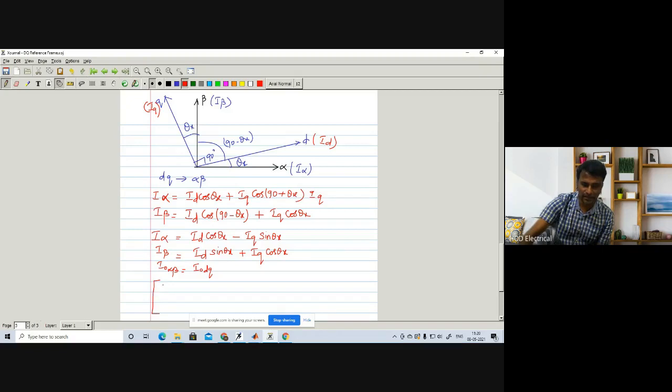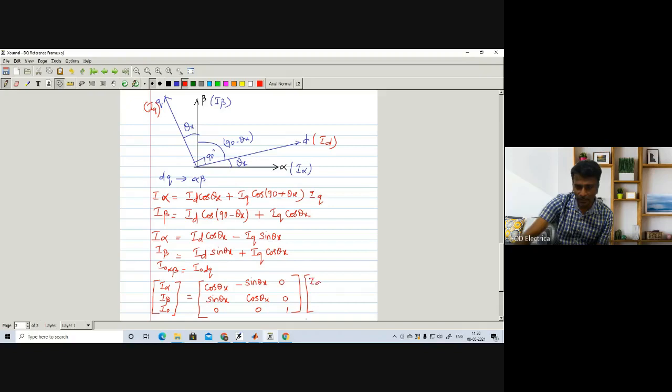So we can write I alpha, I beta, I naught equal to the matrix cos theta x, minus sine theta x, 0; sine theta x, cos theta x, 0; 0, 0, 1, into ID, IQ and I naught.